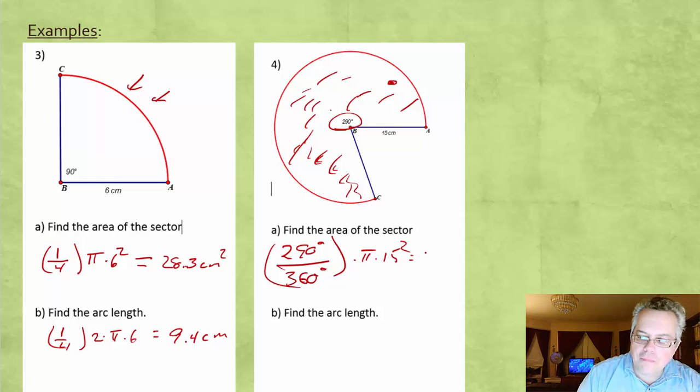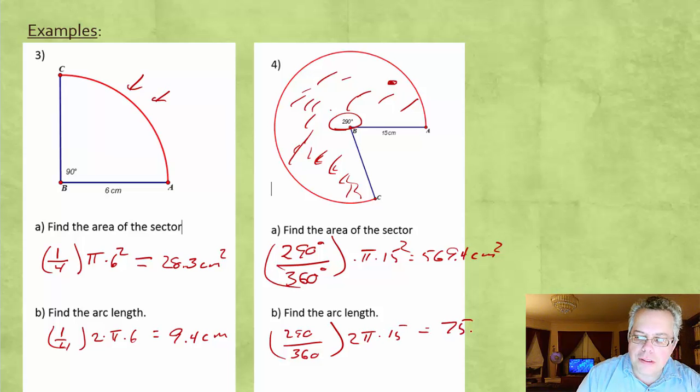And that ends up being 569.4 centimeters squared. And let's find this big arc length. So again, 290 out of 360 times the total circumference, 2 pi times 15. You do it, you get 65.9 centimeters.